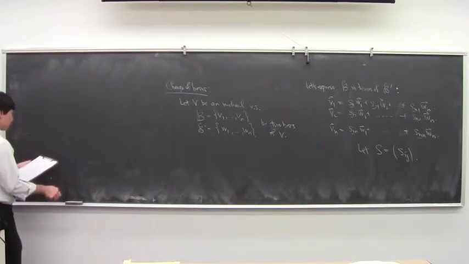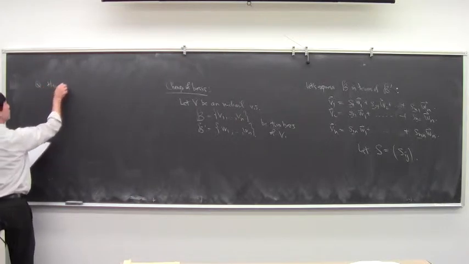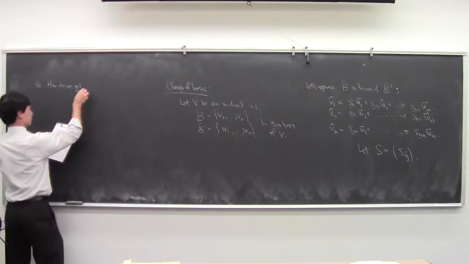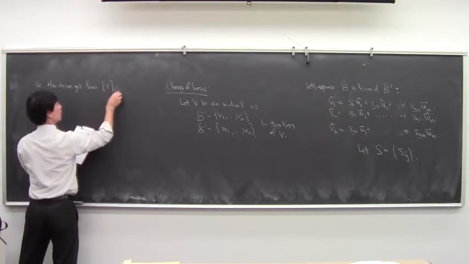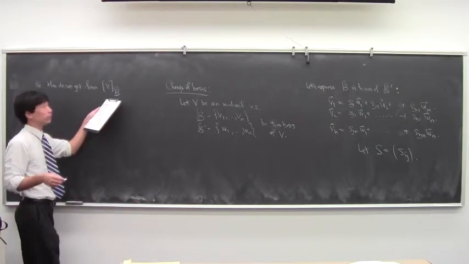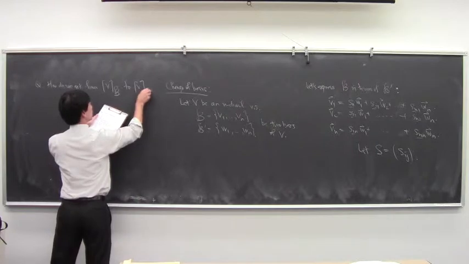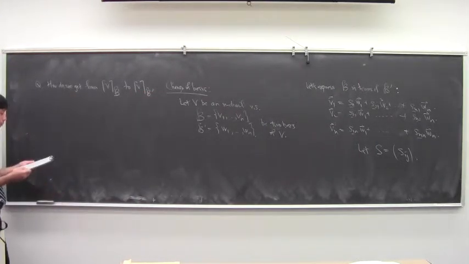The question that we're trying to answer is how do we get from the coordinate matrix with respect to the B basis to the coordinate matrix with respect to the B prime basis.